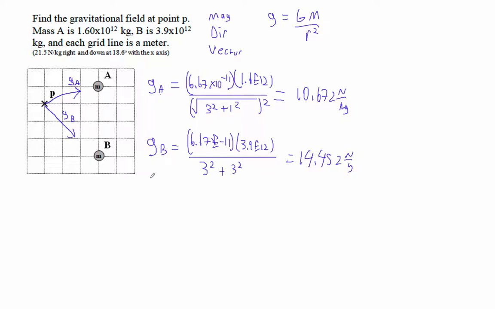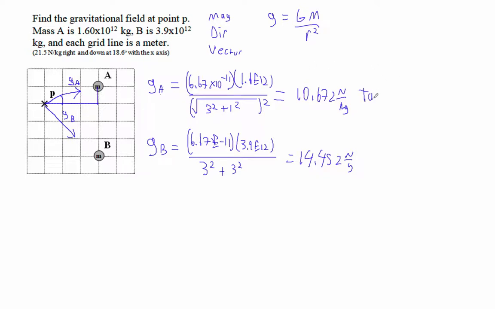Right? Now we got to figure out the direction of these things, right? So let's figure out these angles here. The first one is this angle here. What is that angle there? And I think that's the inverse tangent of 1 divided by 3. Inverse tan of the opposite over the adjacent, right?